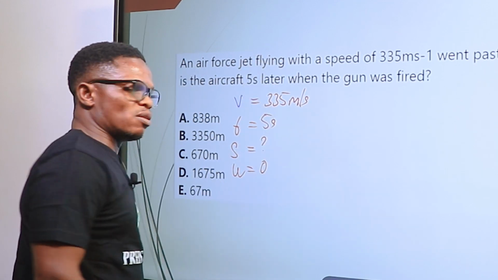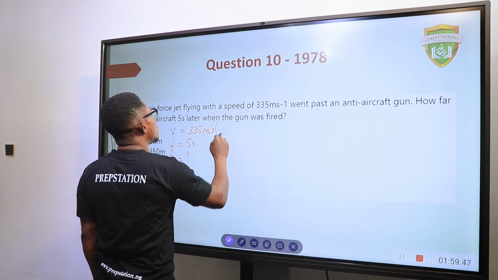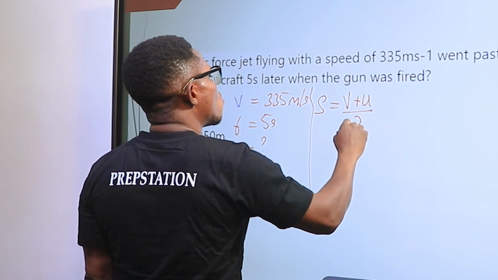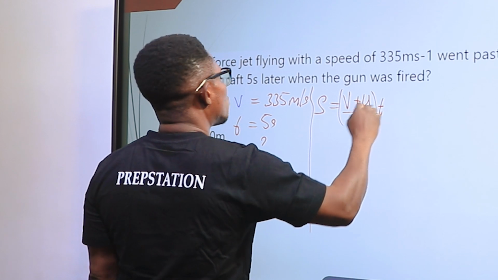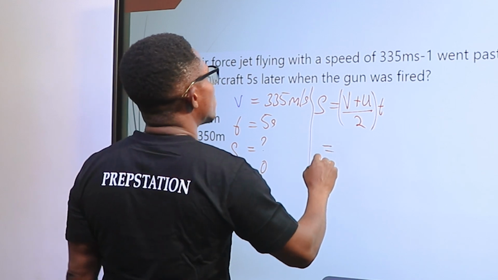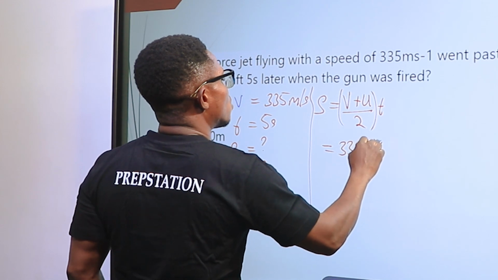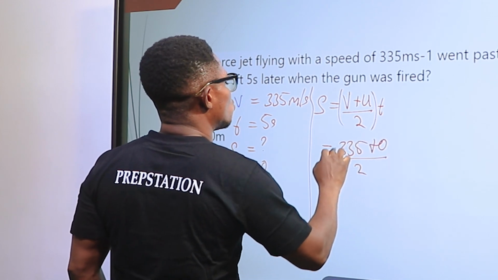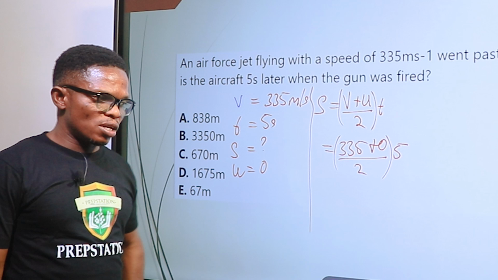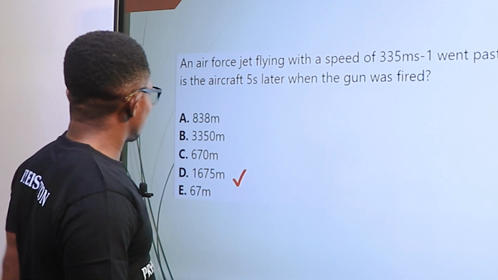If I have this in place, then I can apply the second equation of motion, which says distance equals (V plus U) over 2, times t. If I apply this formula, I should be able to get the answer: 335 plus 0, over 2, times 5. So if I do this, I should be able to get the answer to this question.